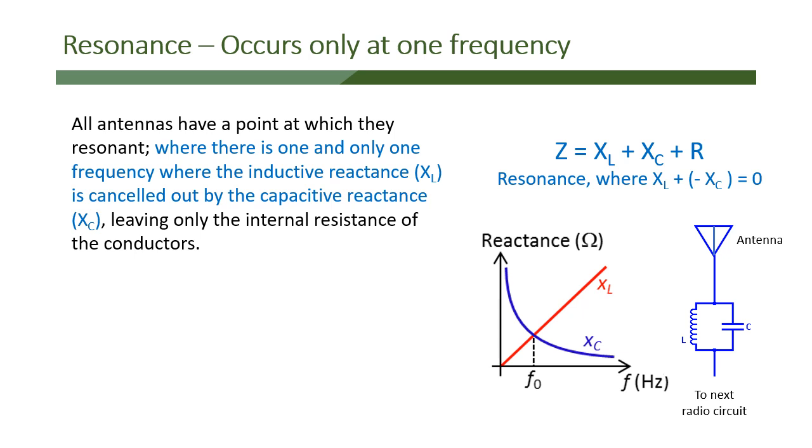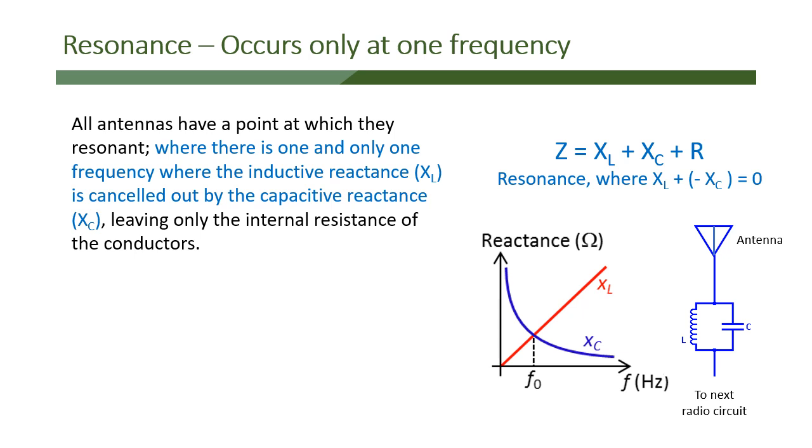When that happens, we have resonance, which means that essentially the wire we have, the antenna going to the coil and the capacitor on the right, when we're at resonance, it's as if those two components disappear, and all we have is a straight wire from the top of the antenna to the radio, and only the internal resistance of the wire is left.